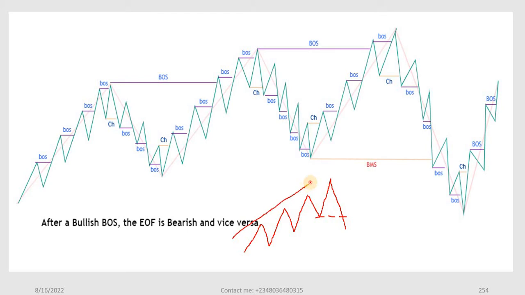The initial character was uptrend. After a bearish break, our expectational order flow, which was bullish, is now expected to change, and we expect price to be going down. We expect the character of that trend to change to bearish. So this is what we're trying to see, this change of character.